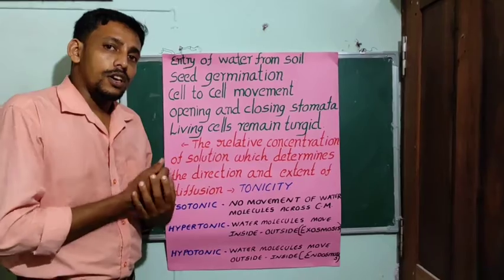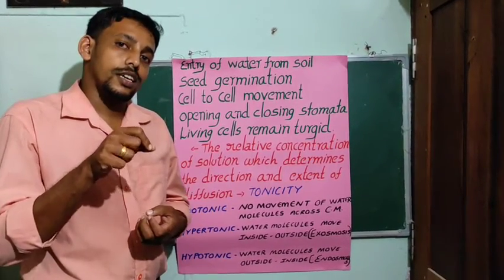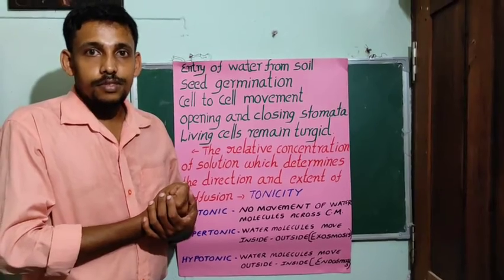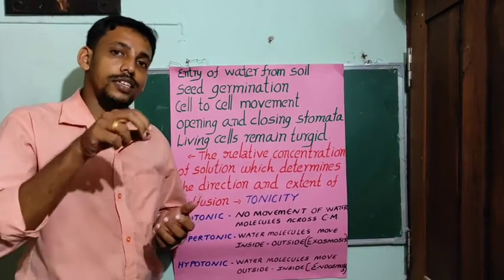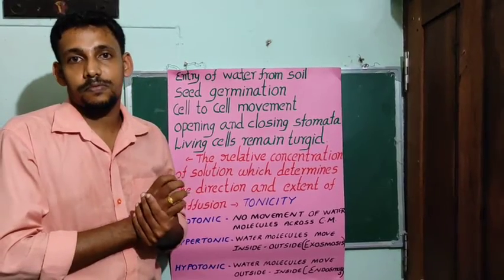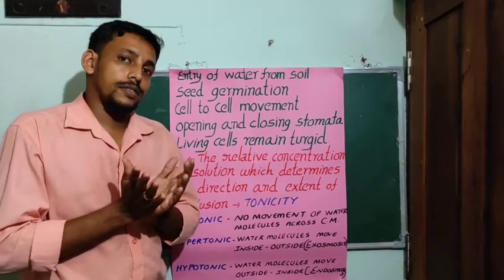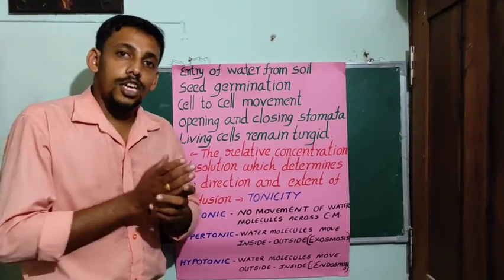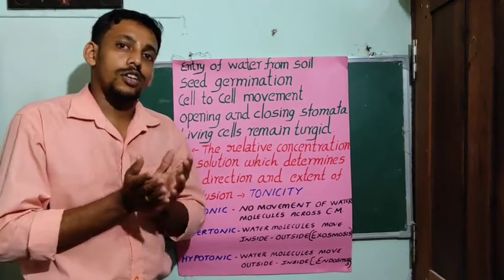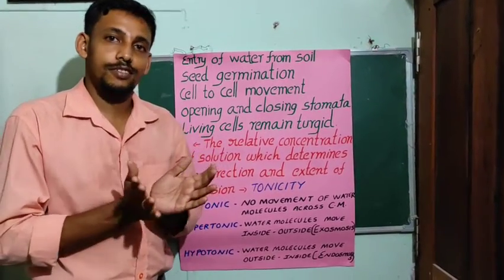Now, if you take a plant cell and place it in a solution, what will happen? There are three chances. It may shrink, or it may swell, or it may remain unchanged.